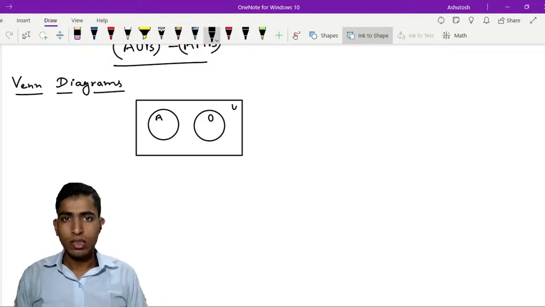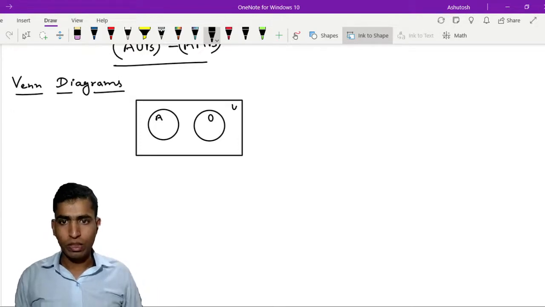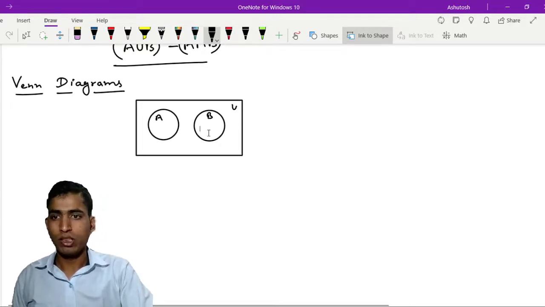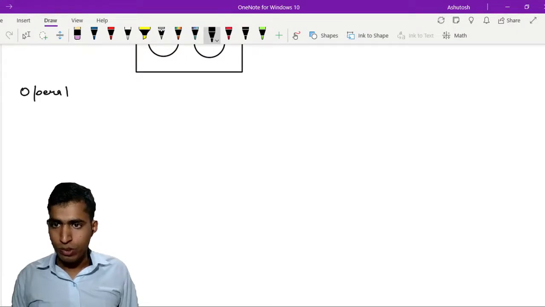Let's see some of the operations, and then we will understand this Venn diagram very clearly. So the first operation is... operations on sets.